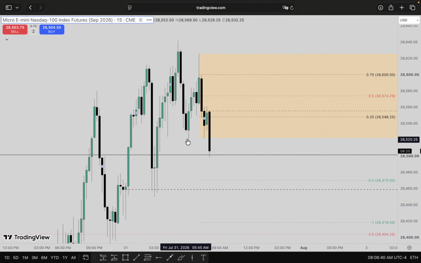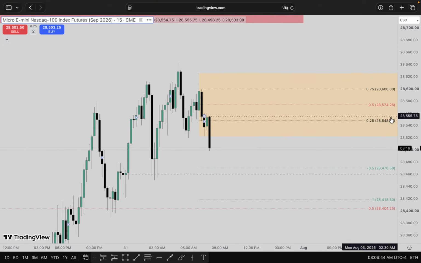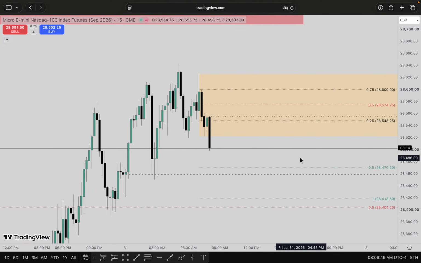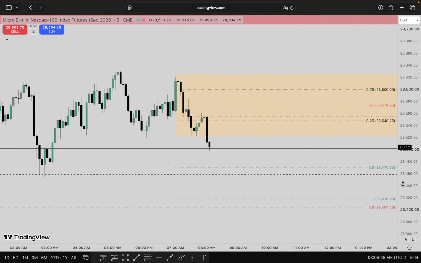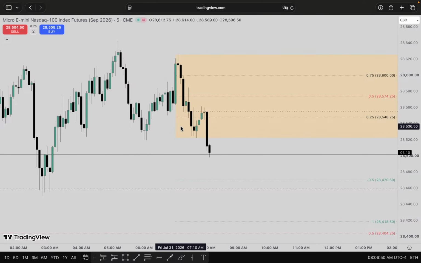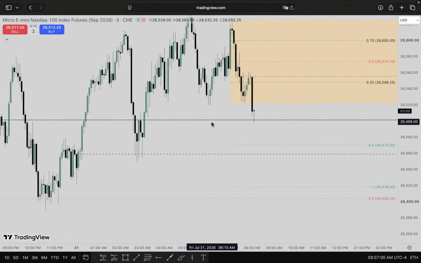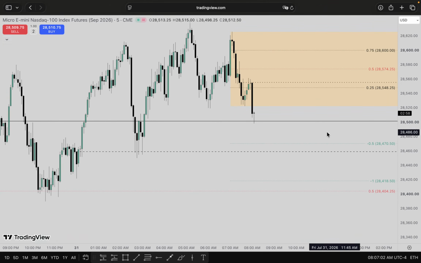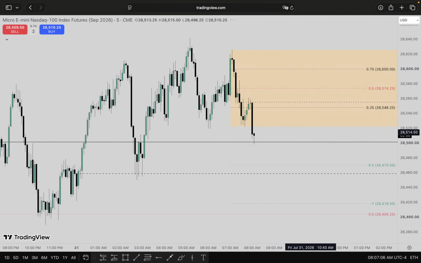No, we did take out this low. Let me see. AM opens up, take out these relative equal lows, and then we ran into this new week opening gap high. ES hasn't taken out that low yet.